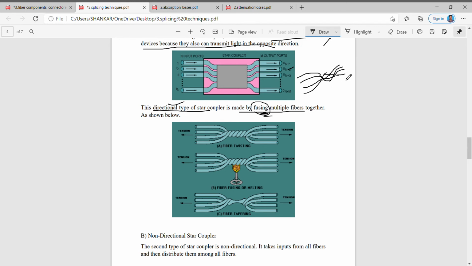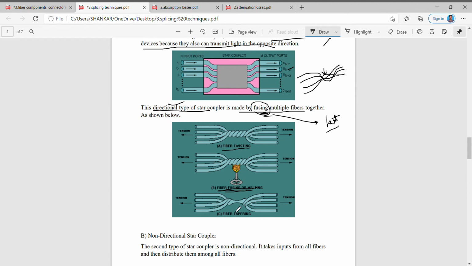First is the fiber twisting, and after the twisting we use the process of melting. Fiber fusing is used. In fiber fusing, we can use heat or electric arc in order to melt the fiber. That's why we are using fusing or melting here.